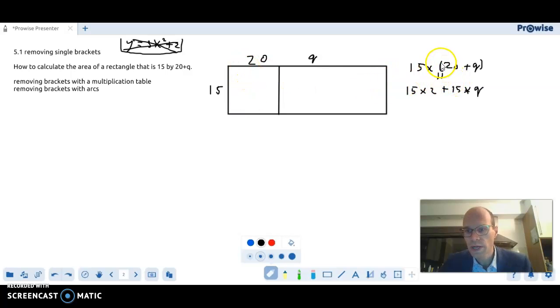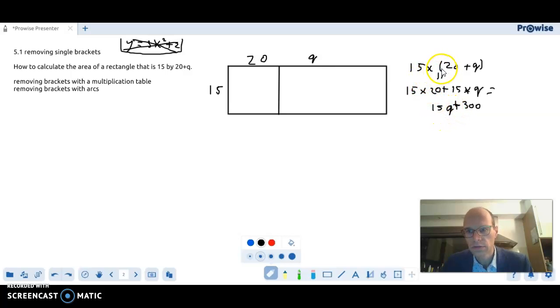So with these brackets, you could remove them, you get this. And if you make this very nice, this is 15q plus 300. That is also an option.